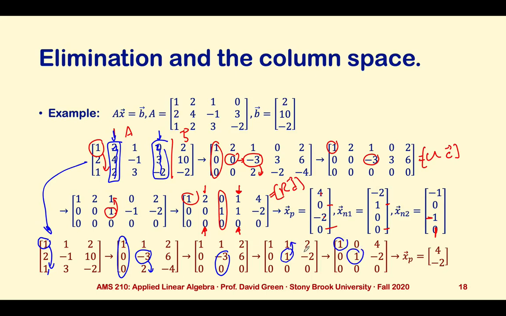Simpler because we have fewer columns here. And what are we left with? We now have no free variables, so we only have a particular solution, and that particular solution is given by the last column. If we compare this back to our original set, how does this differ?